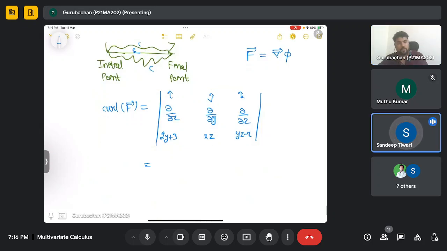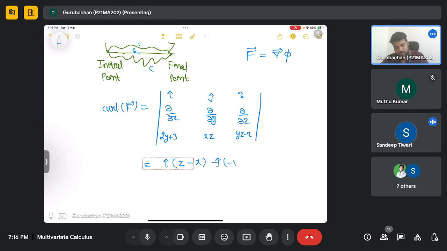From here, the i cap component gives z minus x, minus j cap times minus 1, 0, and k cap times z minus 2.